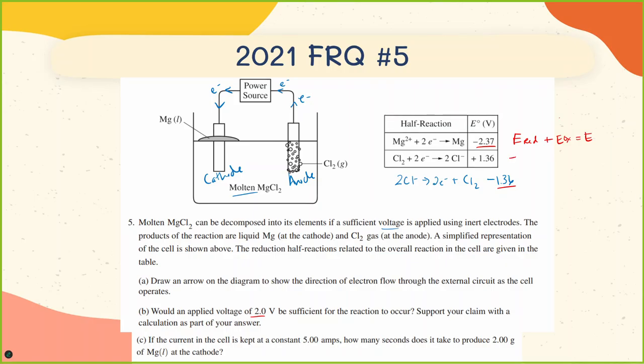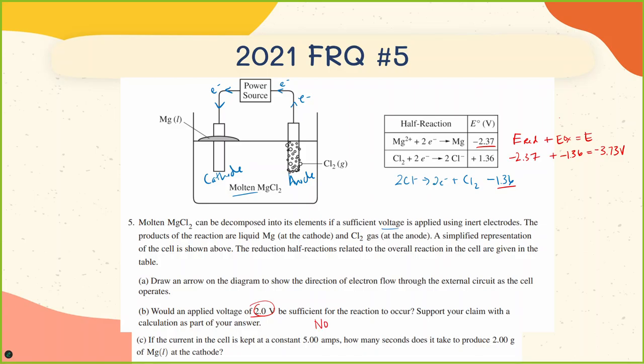So this is negative 2.34 plus the negative 1.36. So our E cell is negative 3.70 volts. So would 2 be sufficient? This is a no.